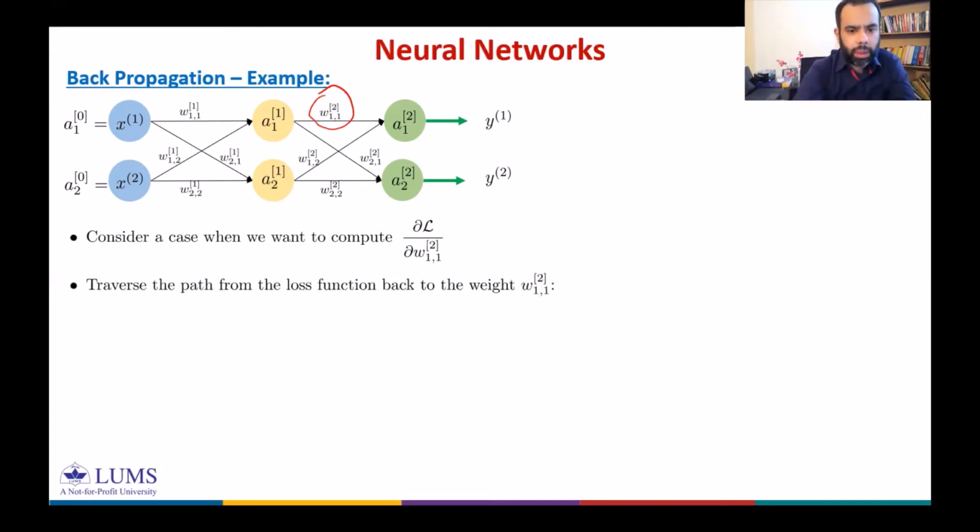Where is the loss? The loss function is here, and we want to traverse the path from the loss function towards this weight. The path would be this. That's how we define the loss function. So the loss function depends on the outputs y1 tilde and y2 tilde. But my path towards the weight only includes the output of the first node.